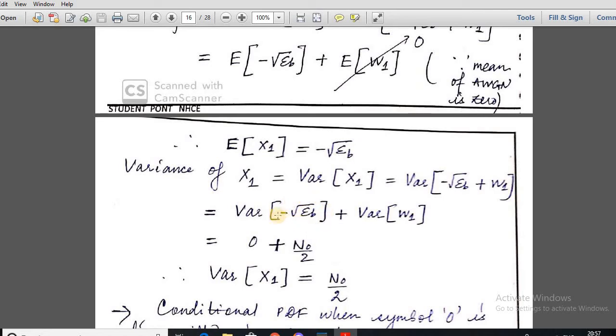The quantity is minus root of Eb, and its mean is minus root of Eb. So minus of minus is plus: minus root of Eb plus root of Eb, whole square, which is 0. So the variance is 0 plus the variance of the white noise, N0 by 2. Finally, the variance of x1 is N0 by 2.